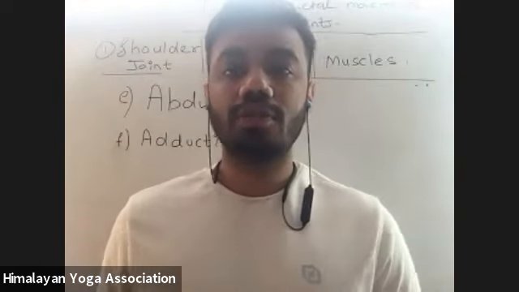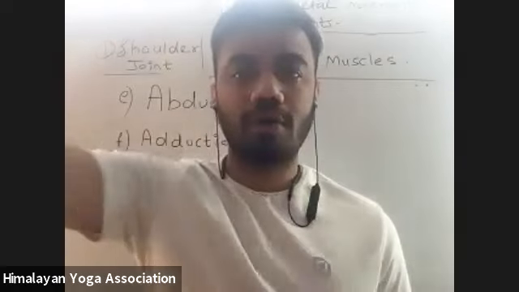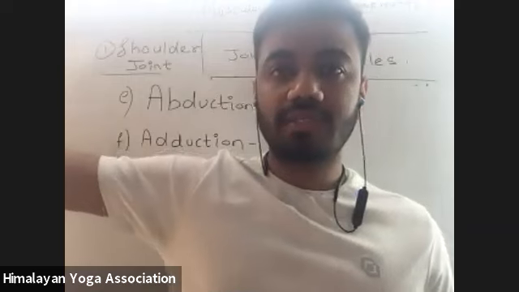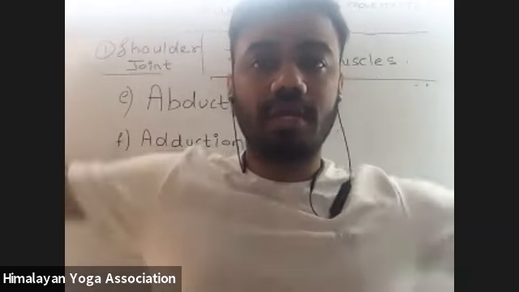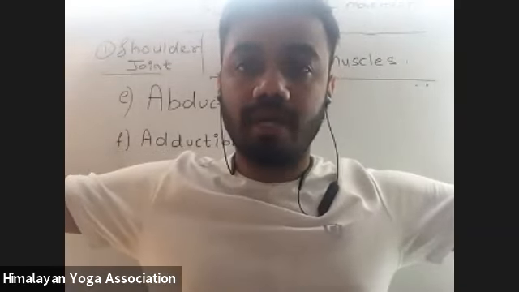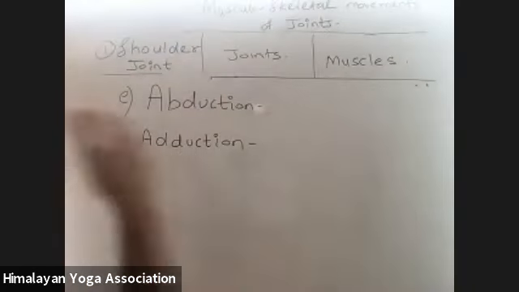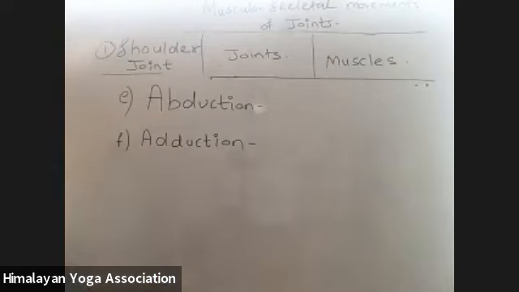Yeah, shoulder horizontal flexion, shoulder horizontal extension. But if we move the arm like this from outside, this is shoulder abduction and shoulder adduction. Then, in this shoulder abduction, there are some muscles like the medial deltoid.